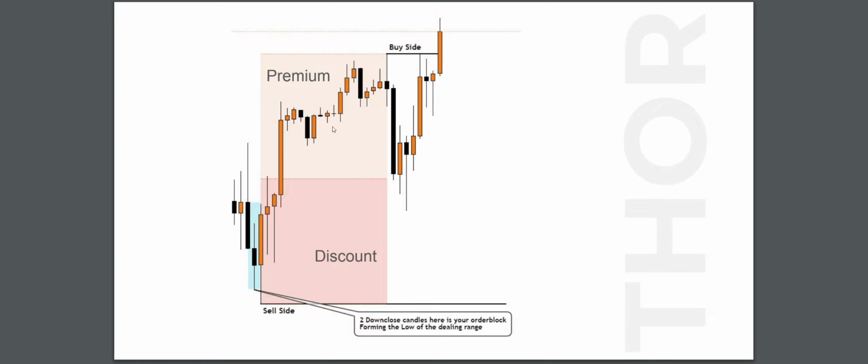One important thing here is adjusting the dealing range as the market goes. Before the market starts turning back, with this candle here, it keeps pressing higher and higher and higher. So it takes out the buy side. Initially, the dealing range was supposed to be from this swing high to this swing low, or the block low. But as the market moved higher first before pulling back, now you have a new dealing range.